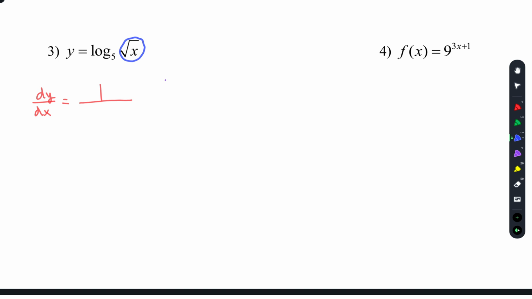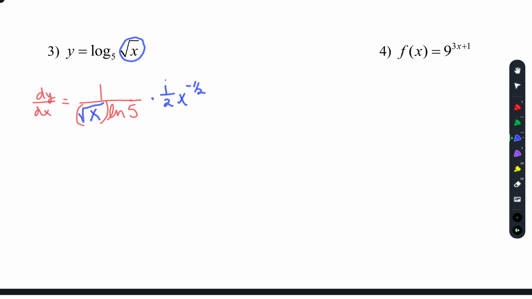If it's just log base 5 of x, you would put an x there, but because it's root x, you have to follow through. So this has to be root x, and then natural log 5, the base. This is the shell of what log is supposed to be, but because there's a root x, you plug that in, and then you have to do the chain on it. So you multiply by 1/2 x to the negative half, and then clean that up.